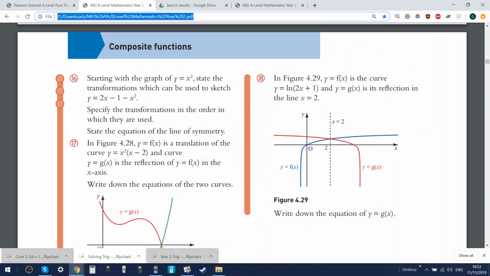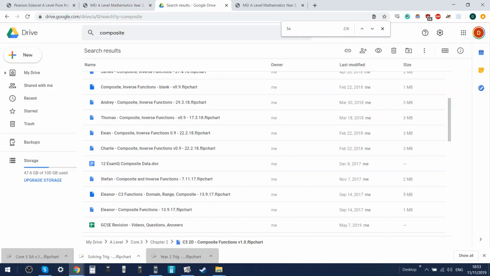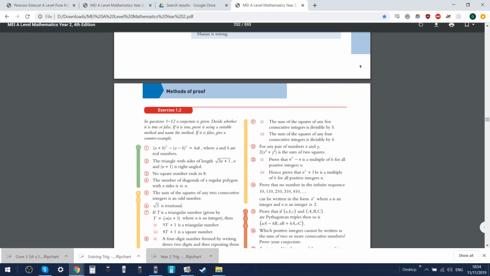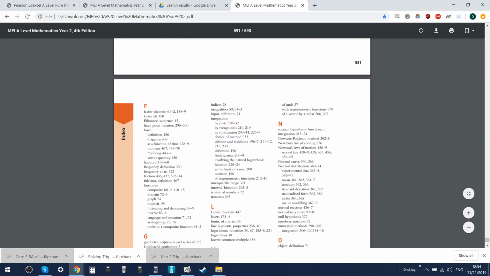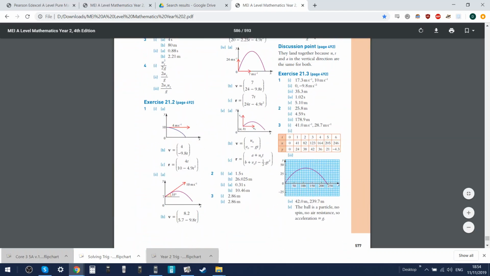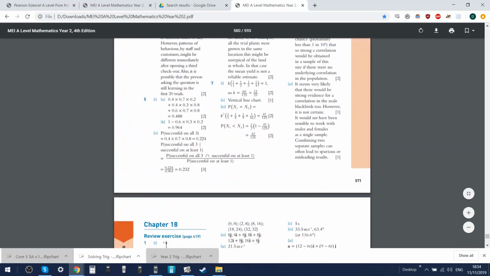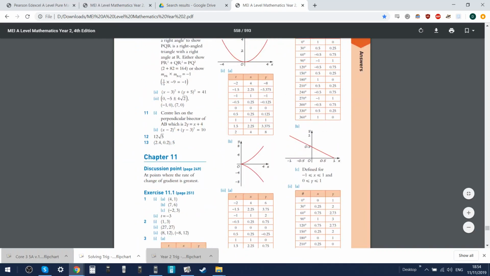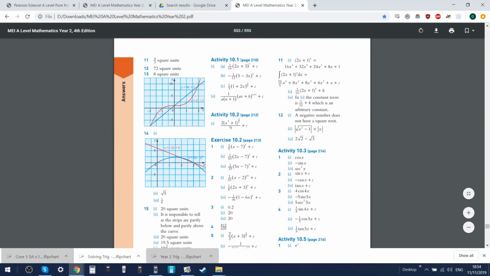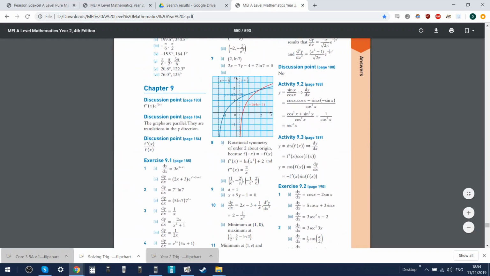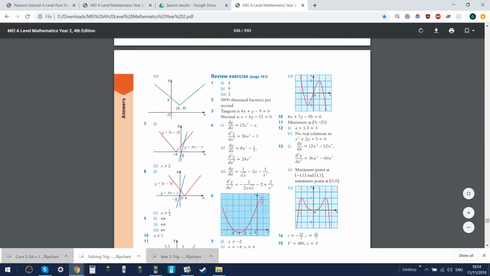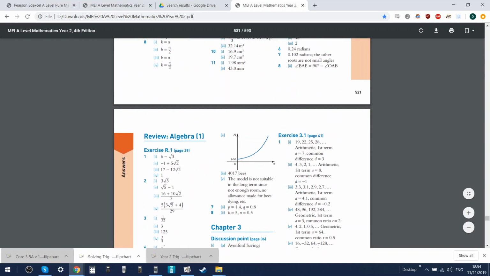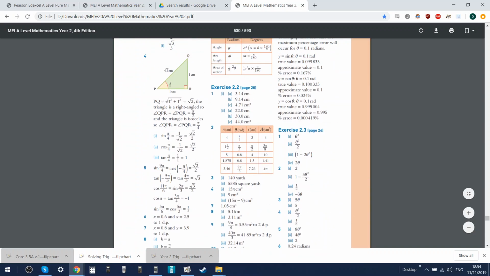This is chapter 4. Chapter 4. What is this?